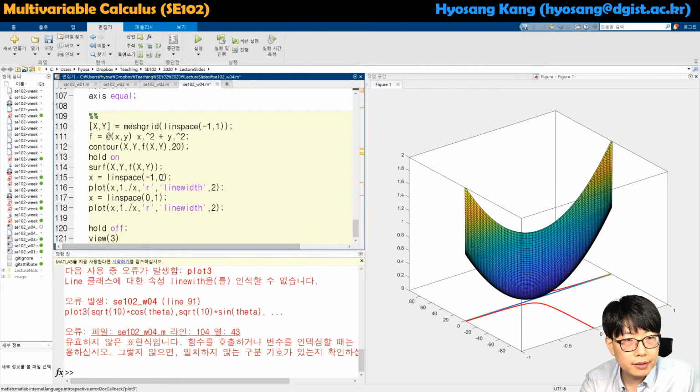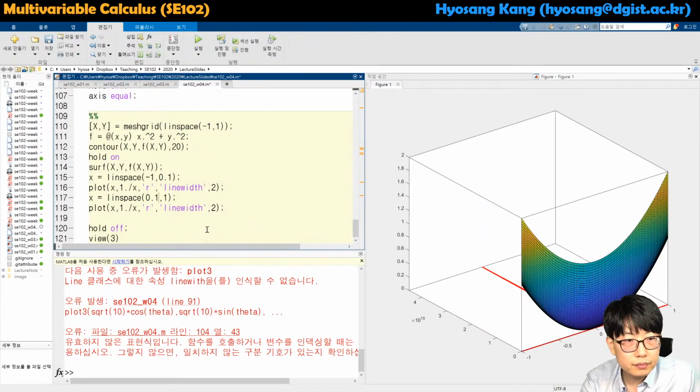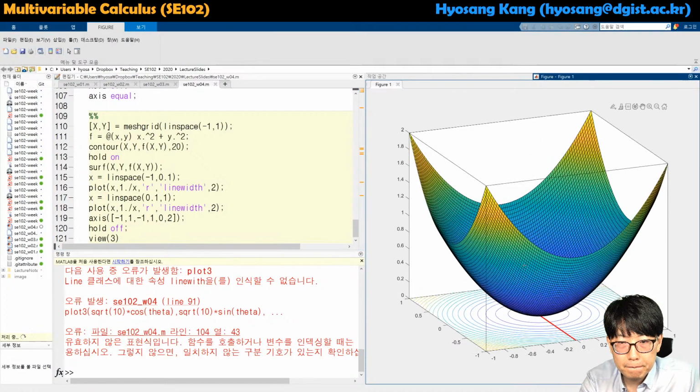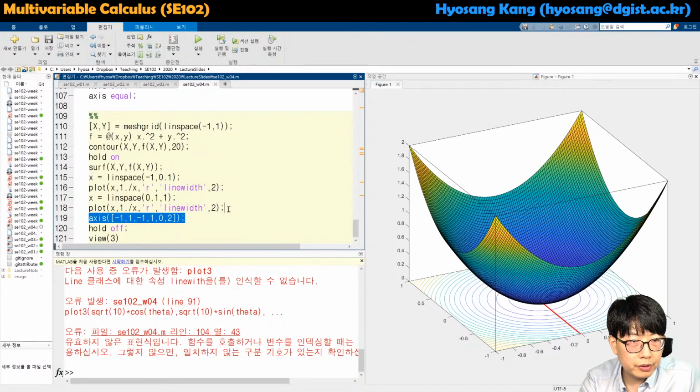Let's fix my axis. Maybe not using this example then.